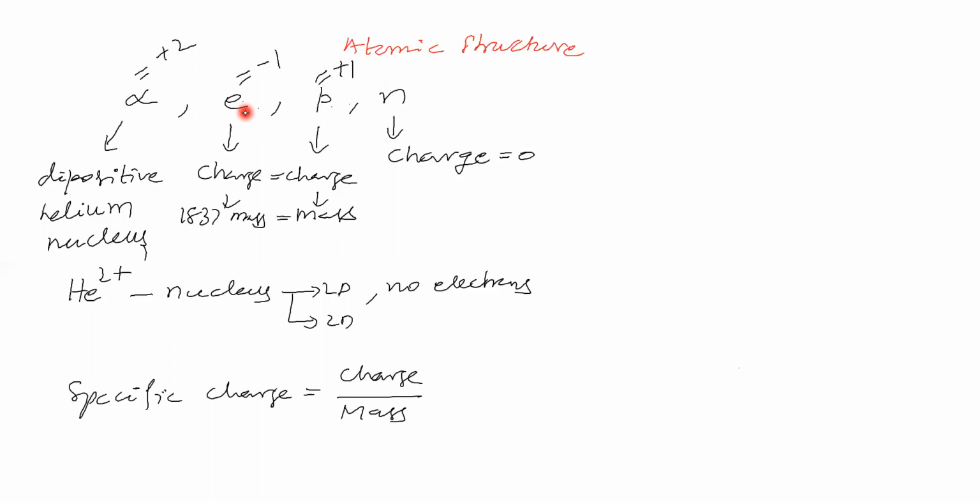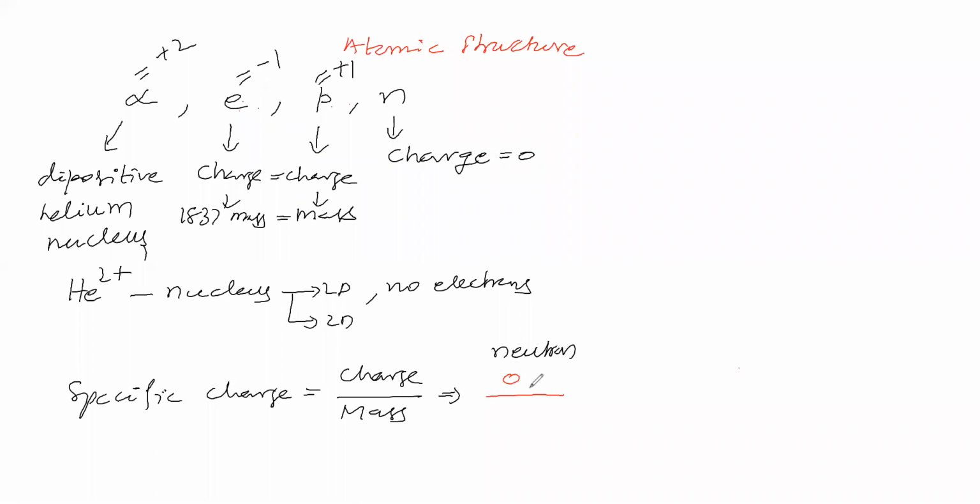Now we will see neutron first. For neutron, what is the specific charge? Neutron charge is 0.